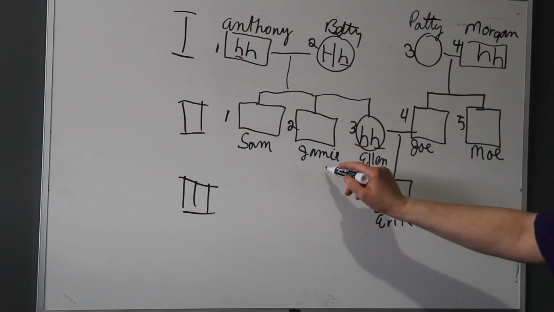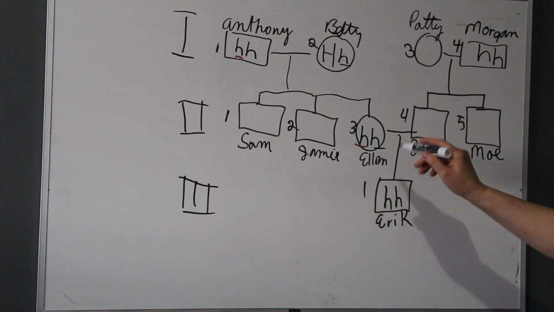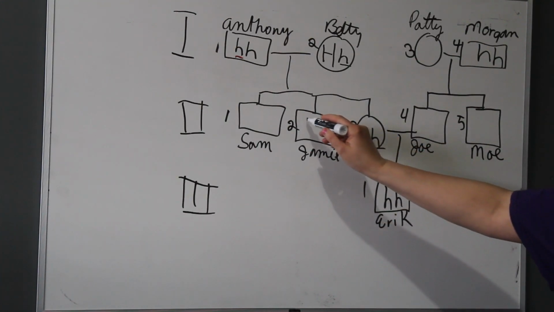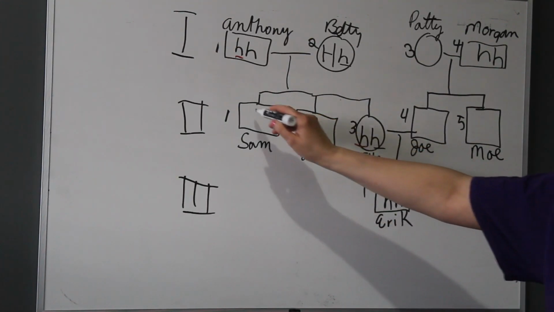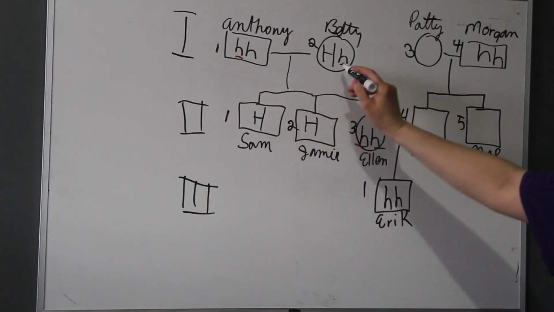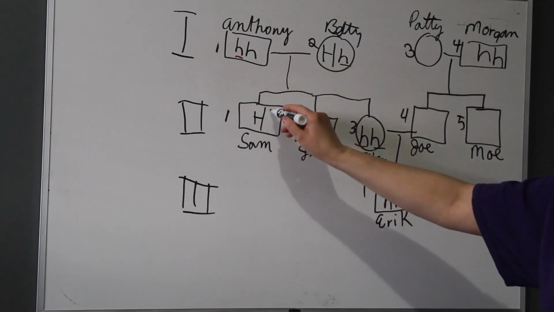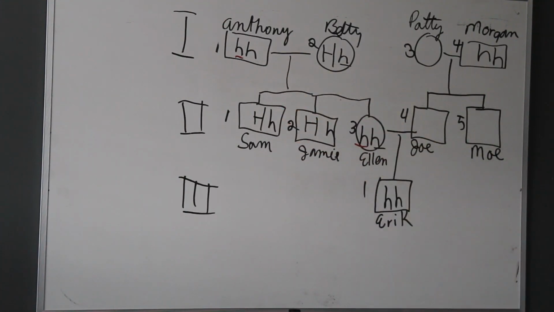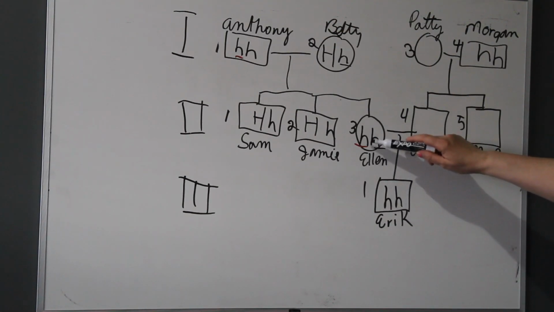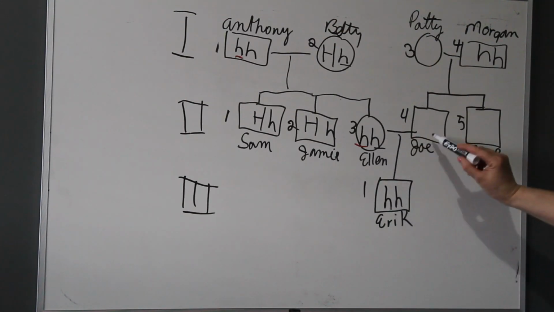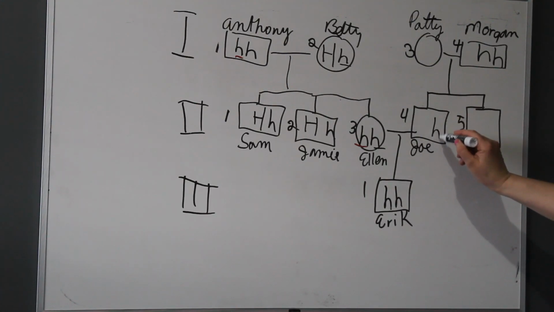Now these 2 brothers, they don't have a horn. So they obviously both got the big H from mom. And the only thing they could have got from Anthony was the little h's. Okay, so that solves that part. Now, Eric here, from his mom he got a little h, and he had to get 1 from Joe as well.